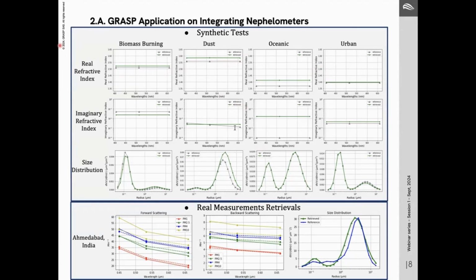Okay, thank you. And Shreya had another question, which is, if we have very limited measurement data, how can we use GRASP? How can GRASP help us? I think GRASP has a very novel concept, which we call the multi-pixel approach.